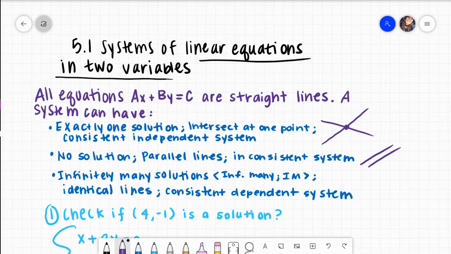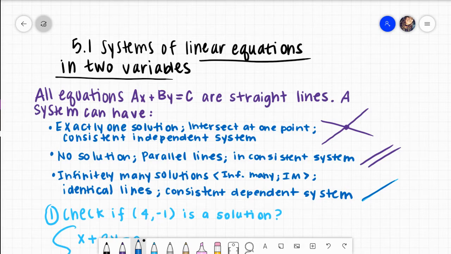For infinitely many solutions, you have one line right on top of each other. They're identical, the same lines. That's consistent, dependent. Parallel is inconsistent. And consistent, independent means that they cross at one point.